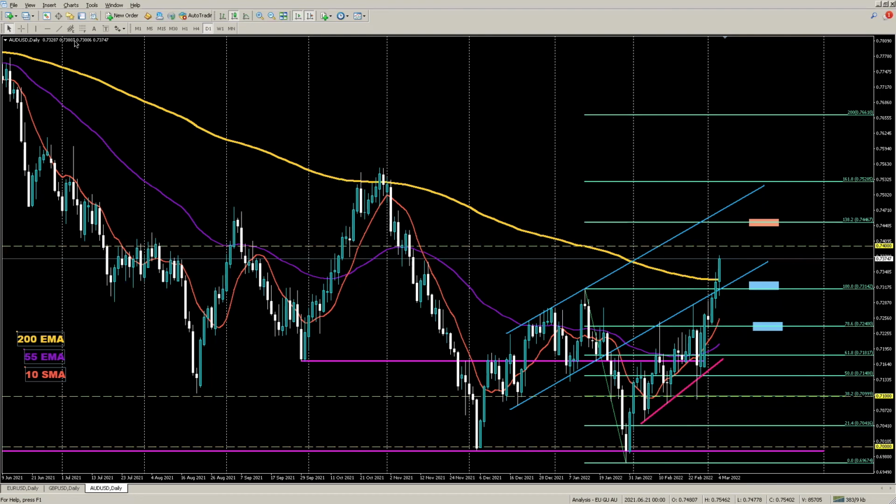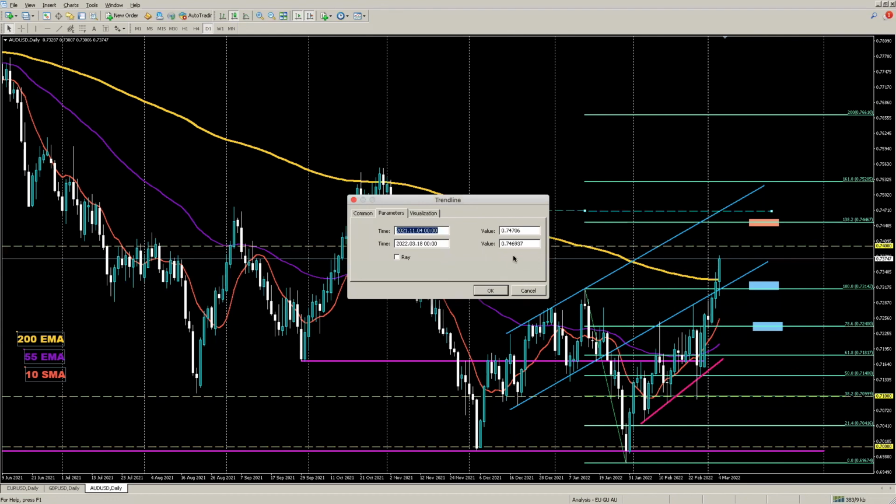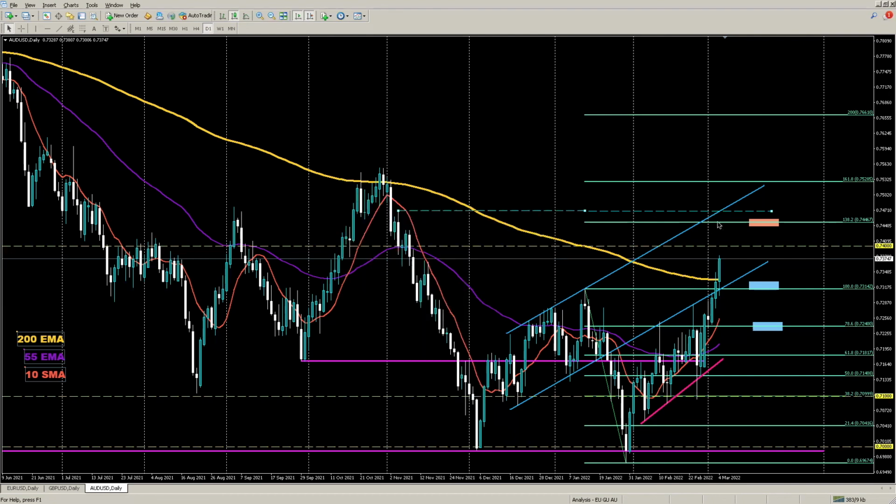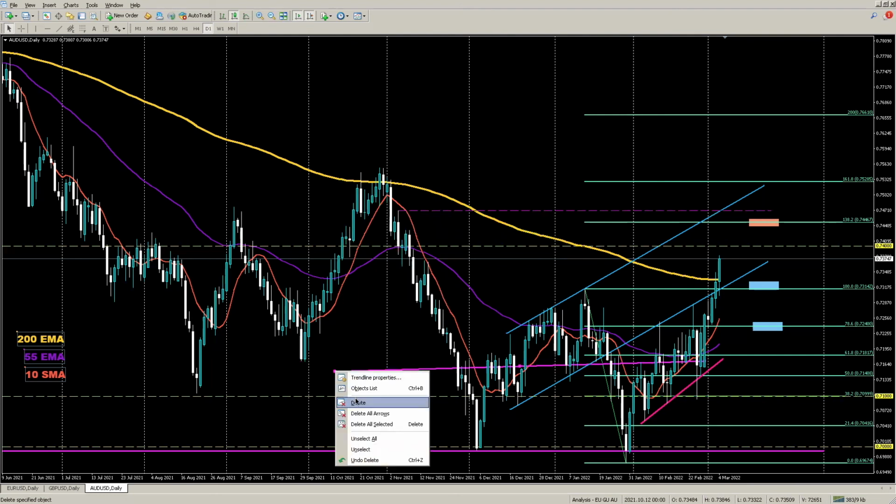All right, let's also add the swing high here. That's at 74.70. I think we can remove this for now.